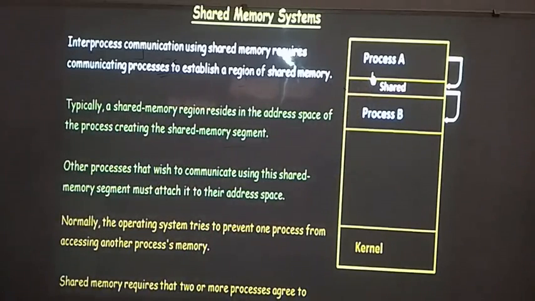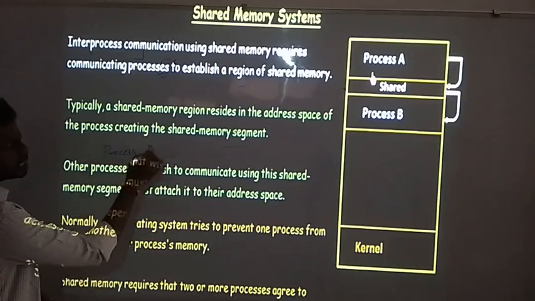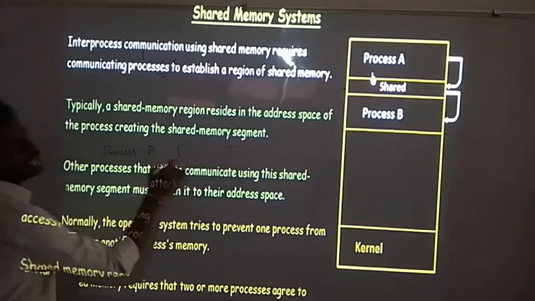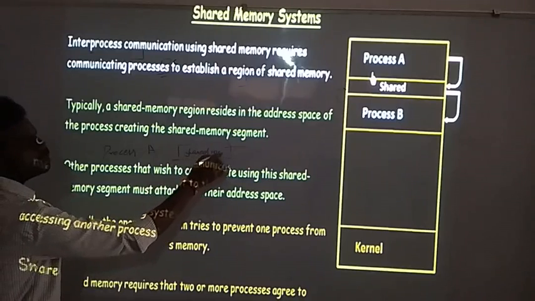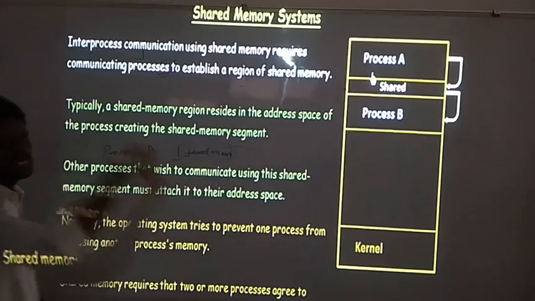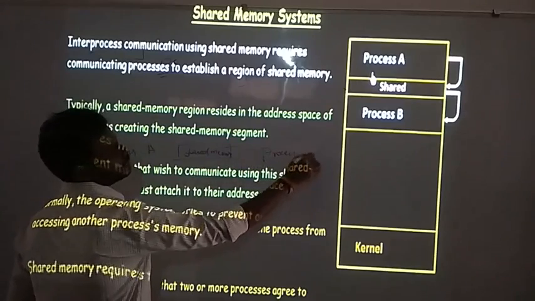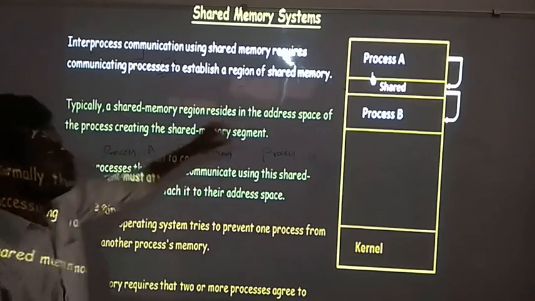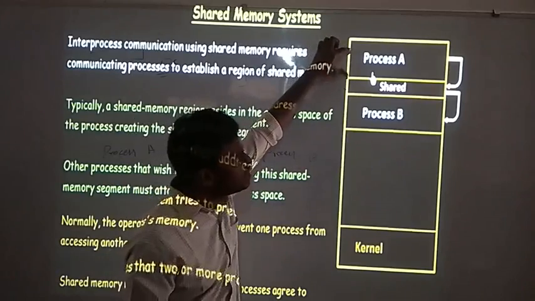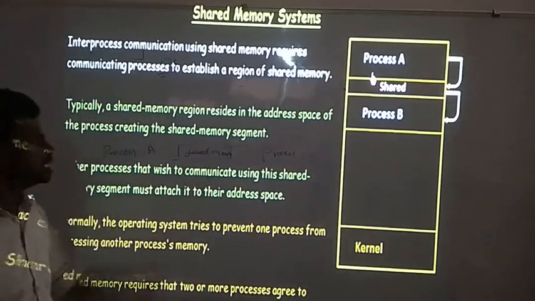Here you need to remember that the process that wants to share the data will create a region of memory. That is shared memory. In this memory, it puts the data that has to be shared with process B. See here, this is the memory created by process A. That means the address space given to A gives some memory in order to create the shared memory.